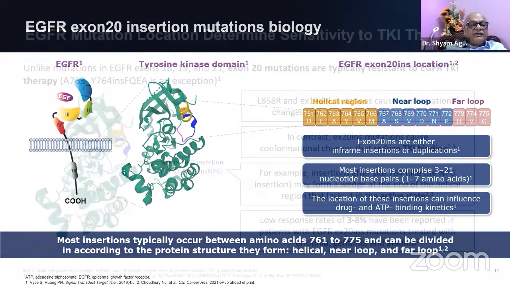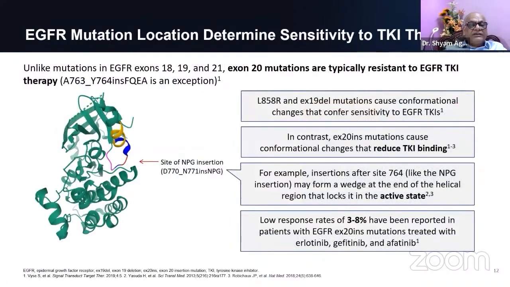So these exon 20 insertions will determine the sensitivity to the TKI therapy. Unlike your exon 18, 19, and 21 abnormalities, the exon 20 mutations are typically resistant to the EGFR TKIs.